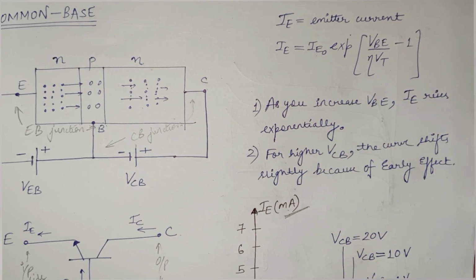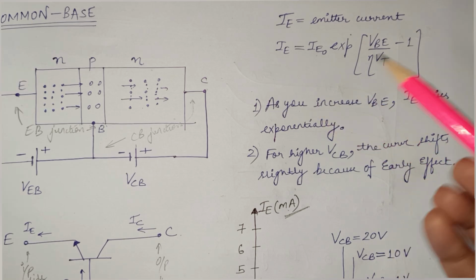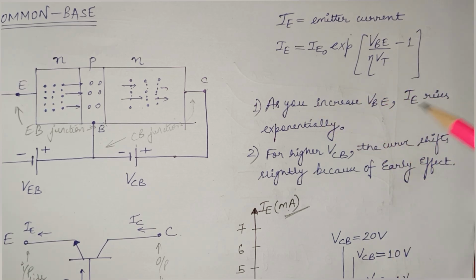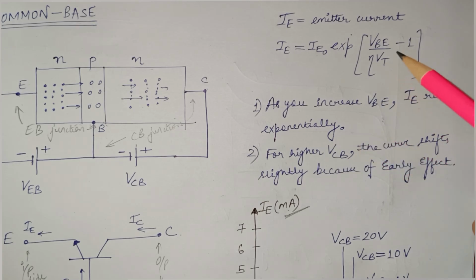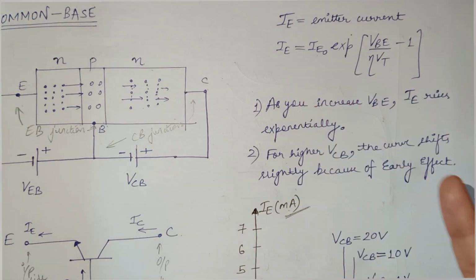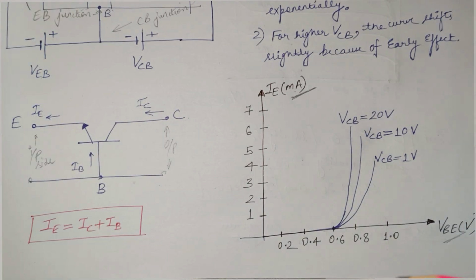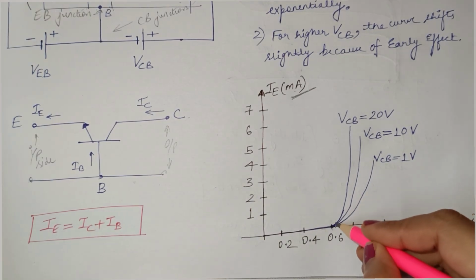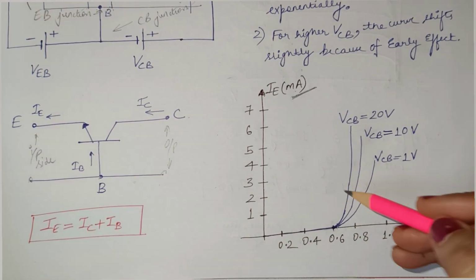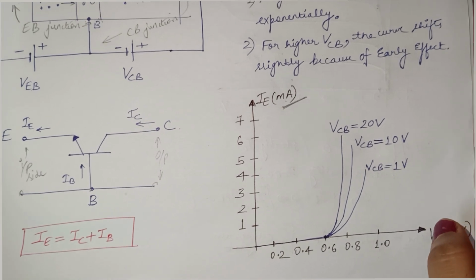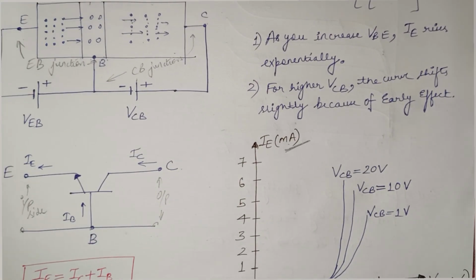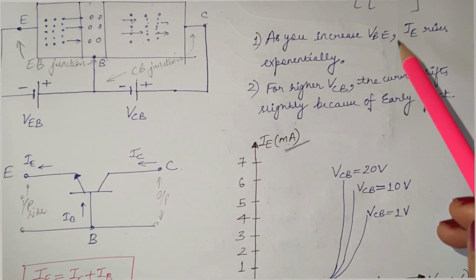Okay, and we know that it has a cut-in voltage. The diode current will rise exponentially after we reach a certain cut-in voltage. So the VBE value for the diode closely resembles 0.7 or 0.6.